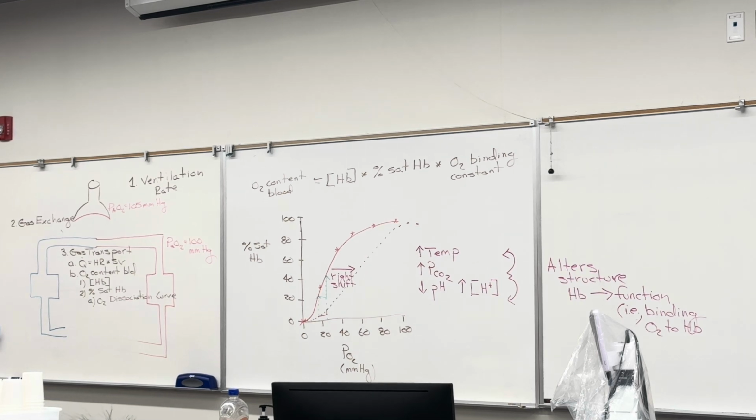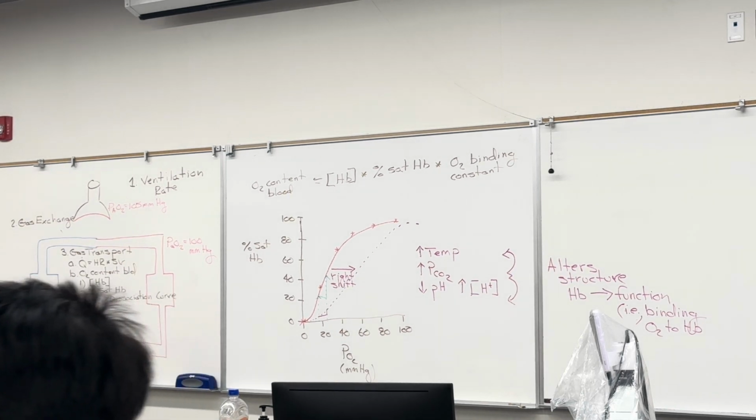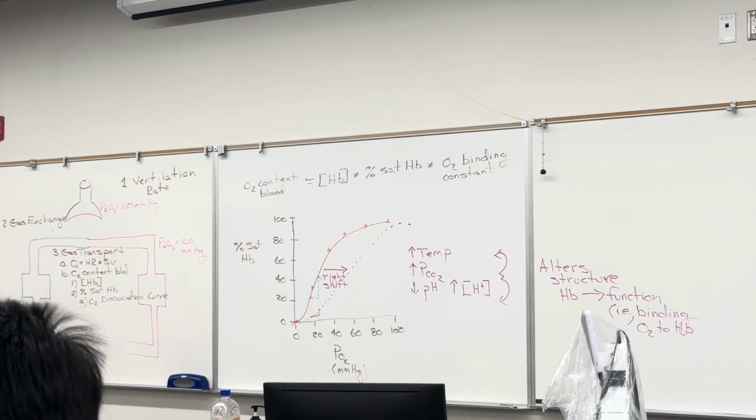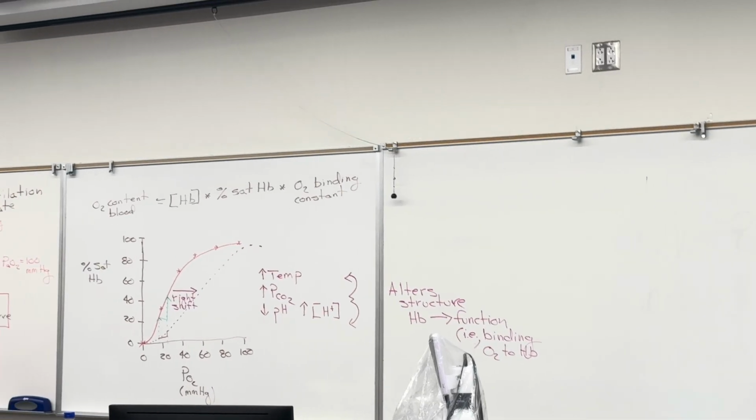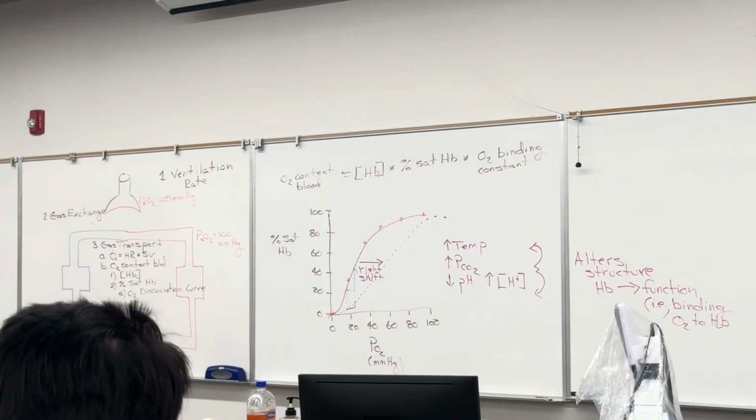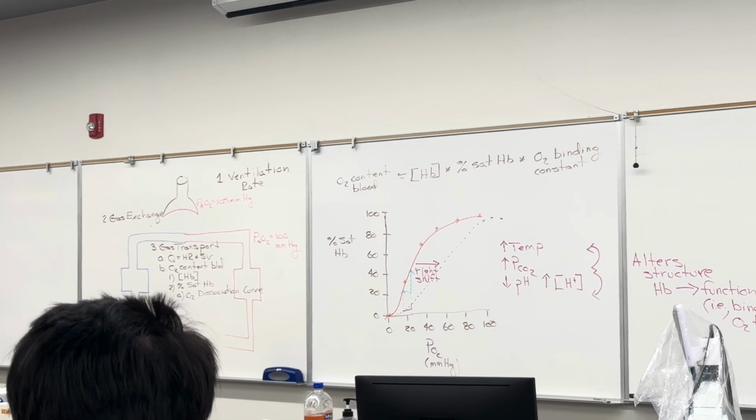Yes? So basically, because of the increase in temperature and all of the ways to alter the structure, we're going to shift it to the right, thereby affecting the affinity. That's correct. Except, let me just add to it, it's not just temperature. It's because when our muscles are metabolically active, they're producing a ton of hydrogen ions. So it's a combination of these two factors that's causing that curve to shift to the right.